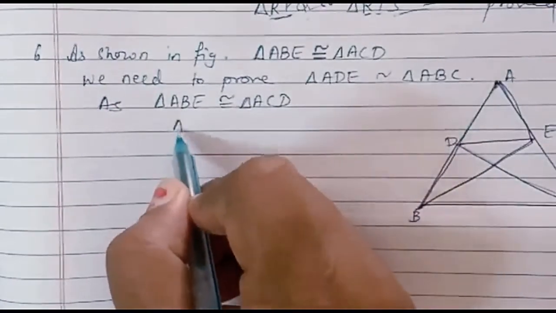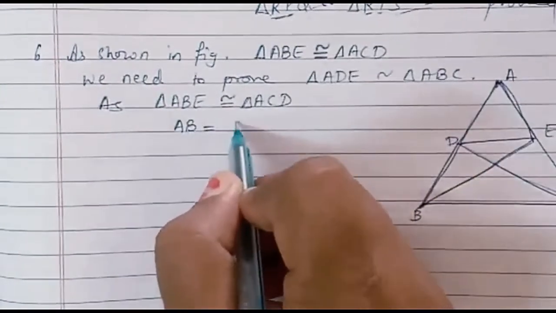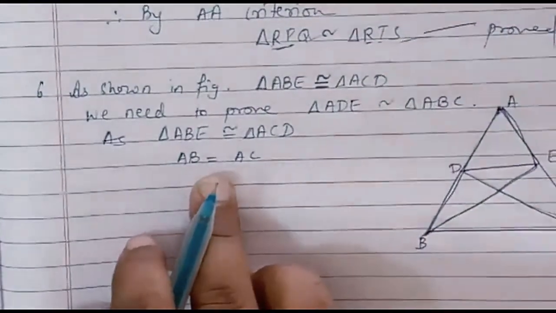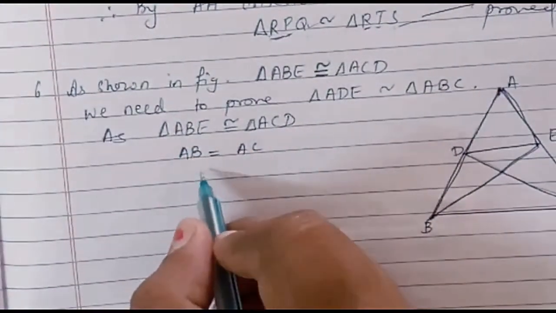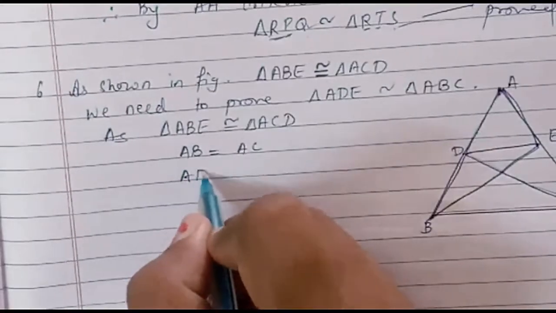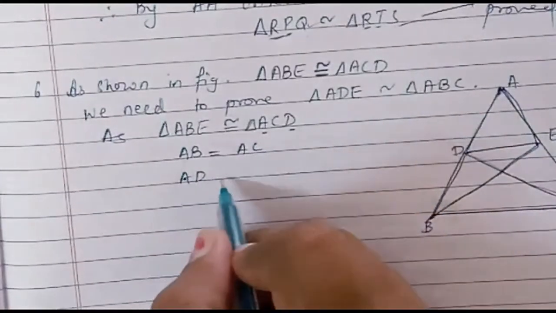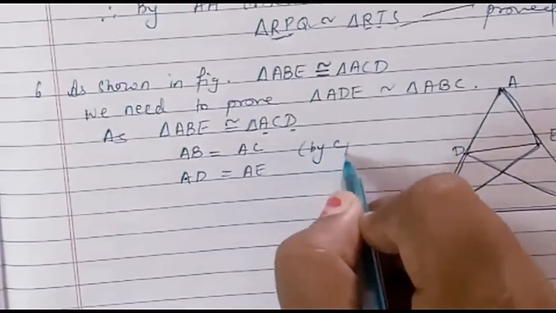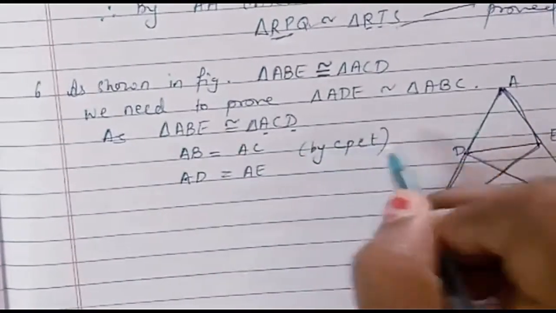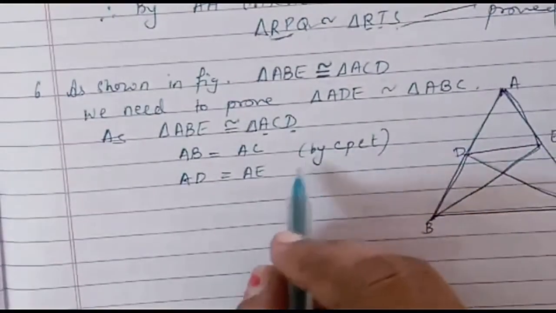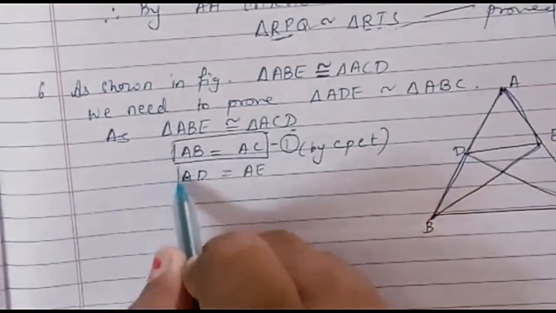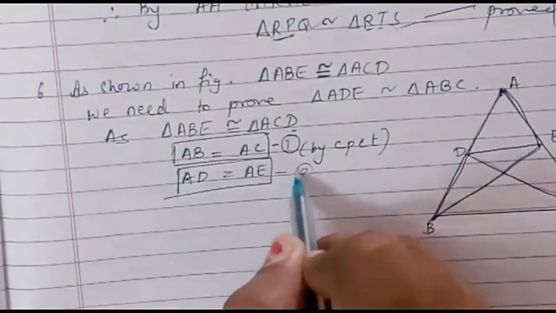So I'll get the first side AB will be equal to AC. Same way you will get AD will be equal to AE, and these two are by CPCT, corresponding parts of congruent triangles. So you can name this as result number 1 and the second one as result number 2.